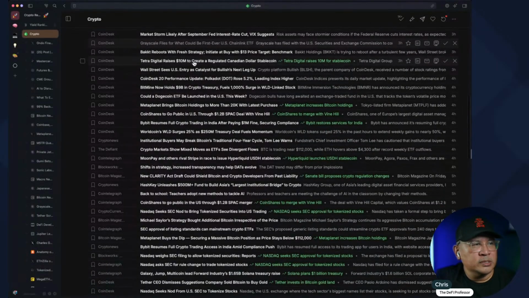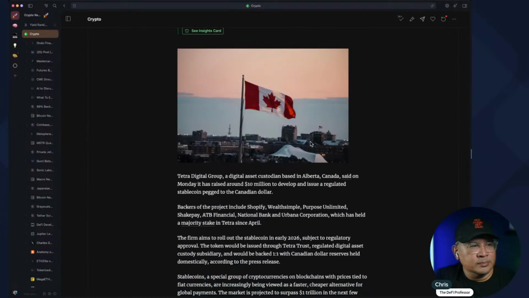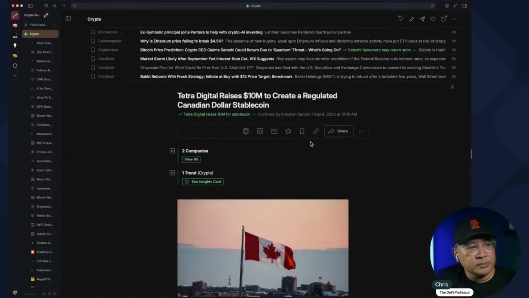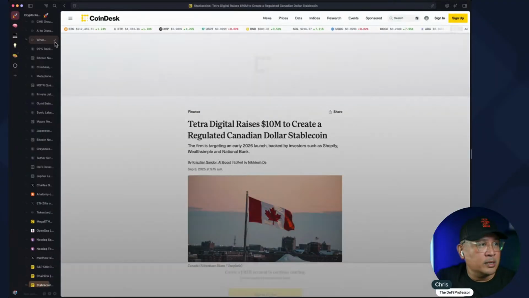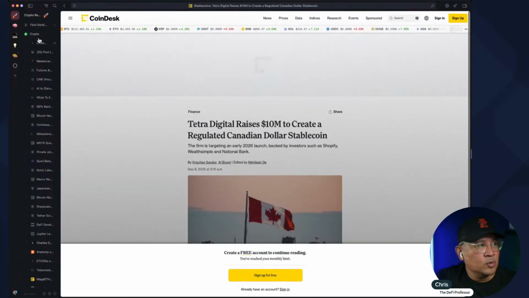Tetra Digital raises $10 million to create a regulated Canadian dollar stablecoin. Well, Simple and Shopify are also backers. Okay, this is interesting. We'll talk about it. There's really not much to say, but we're going to see more of these.